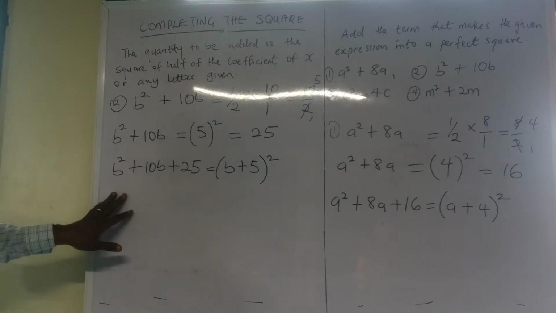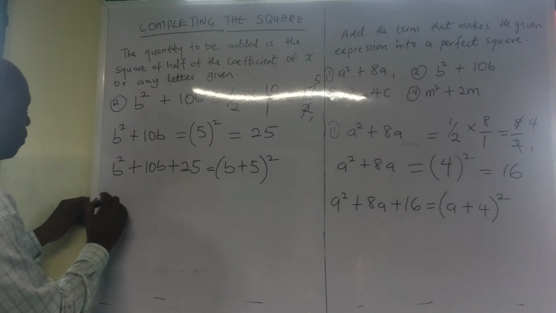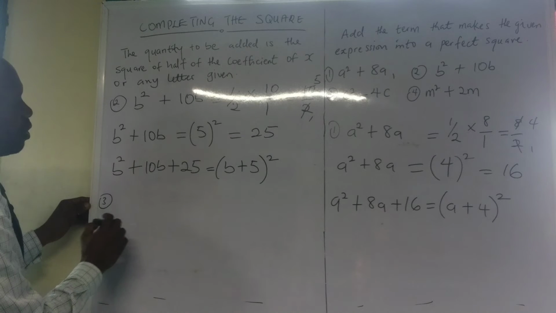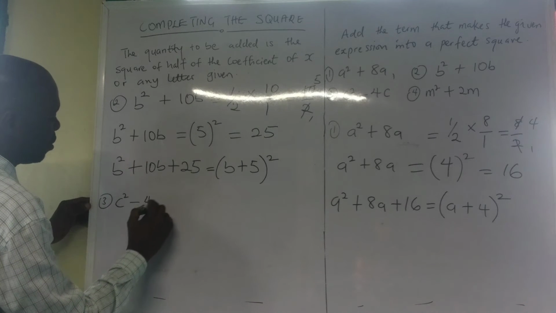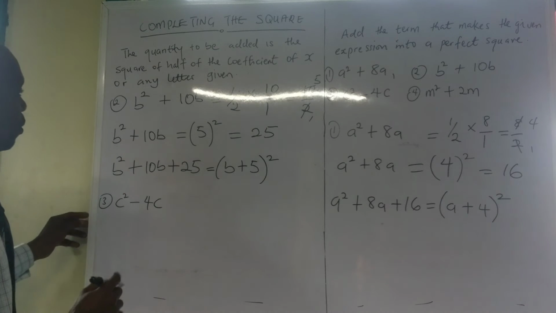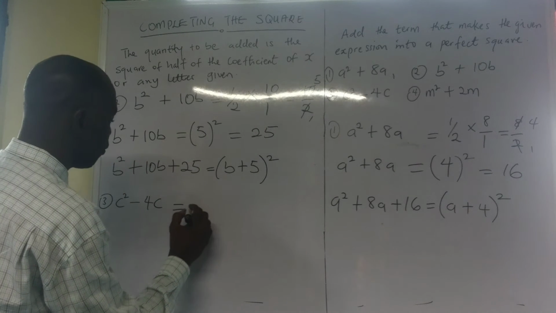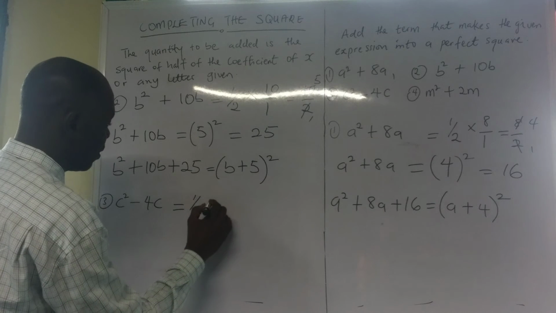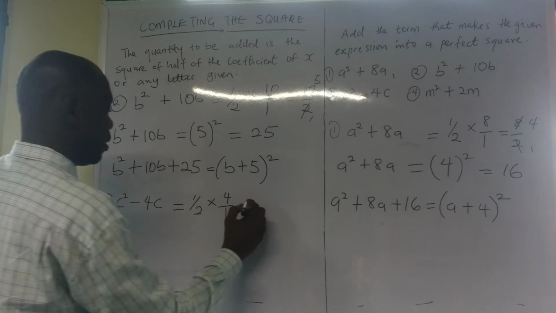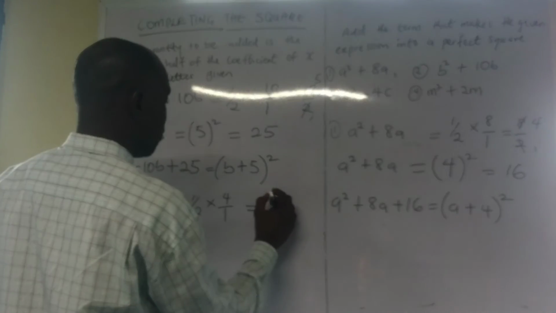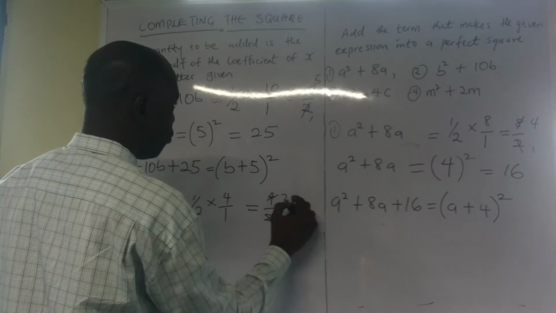Let's work the third question too. The third one says c^2 - 4c. With this one too, we will follow the same procedure, making equals half times 4 all over 1. This one will now give us 4 over 2. 2 here 1, 2 here 2.